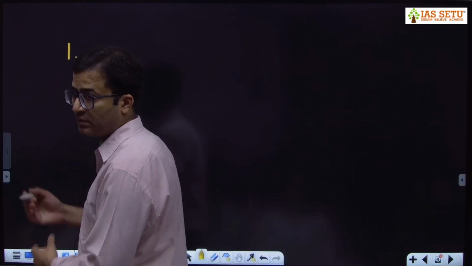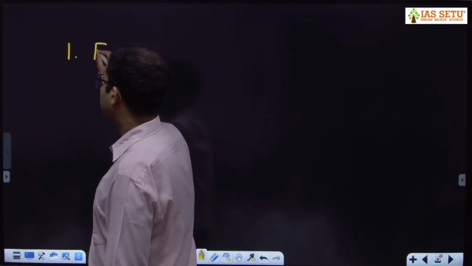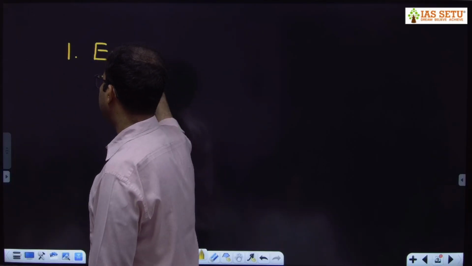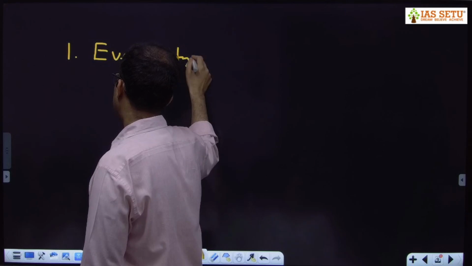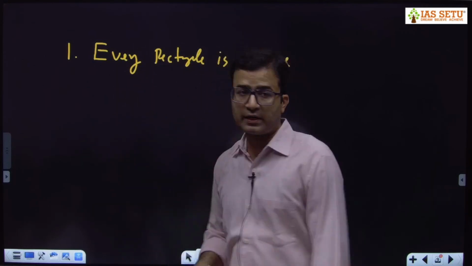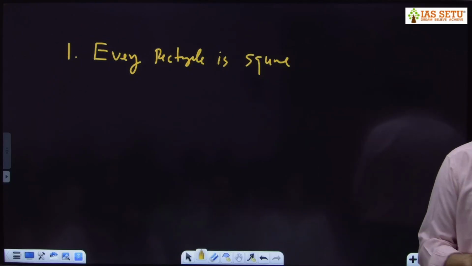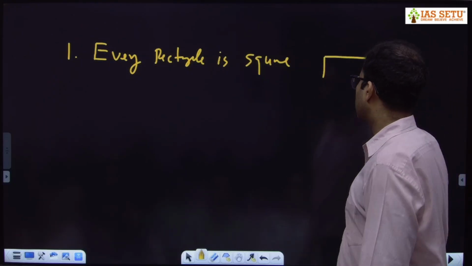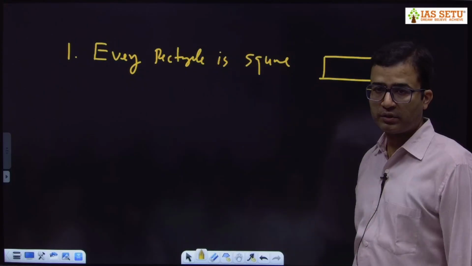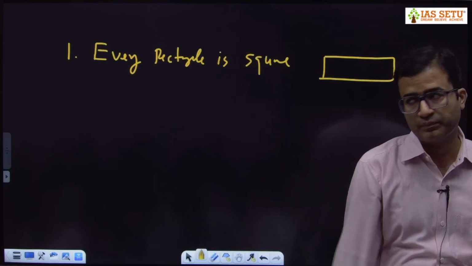Statement number 1, you have to tell me correct or wrong. Every rectangle is square. Is it correct or wrong? Wrong. This is rectangle, but this rectangle is not a square. I think you know the property of square. Square where all four sides are equal.